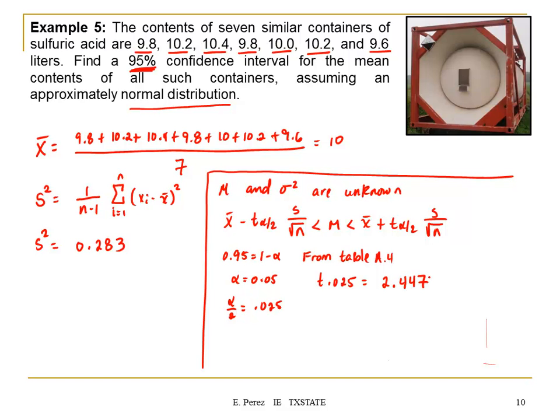And here we are using how many degrees of freedom? n minus 1. So that is 10 minus 1, that's 9.